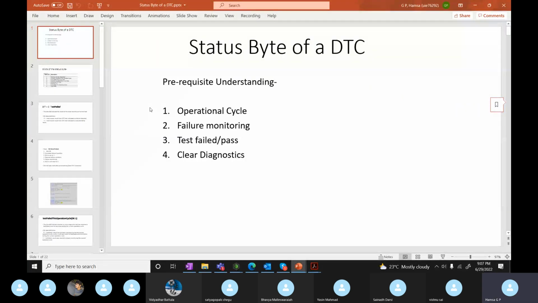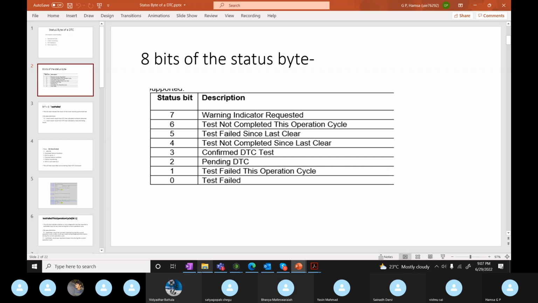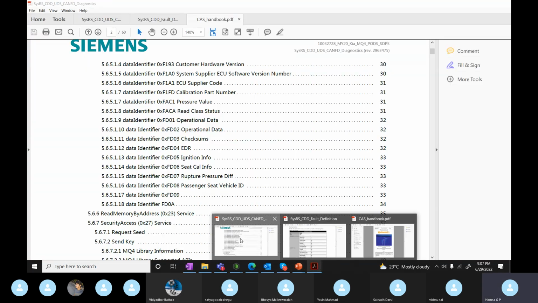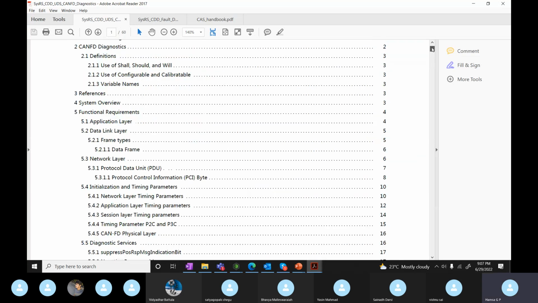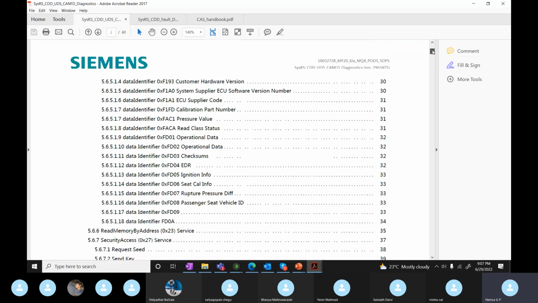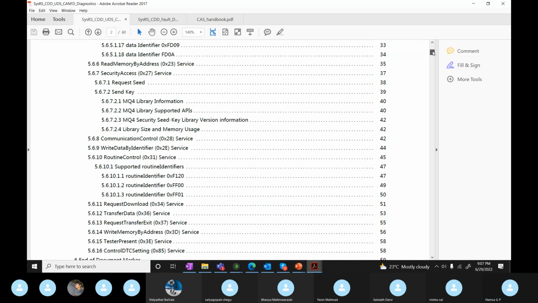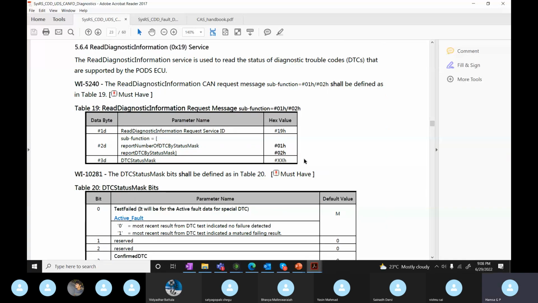Okay, this status byte, let me see. I'll show in this. It's 19, 19, 19. Can you guys see anywhere 19?